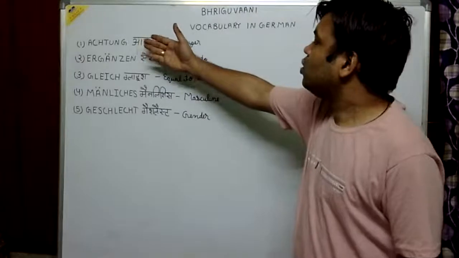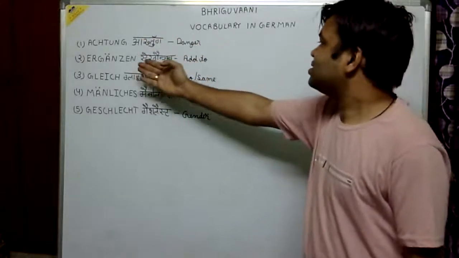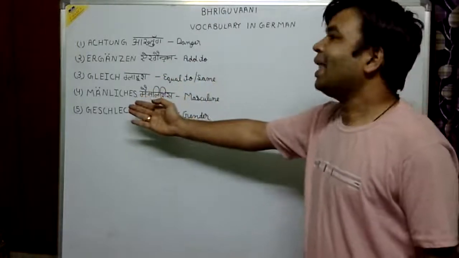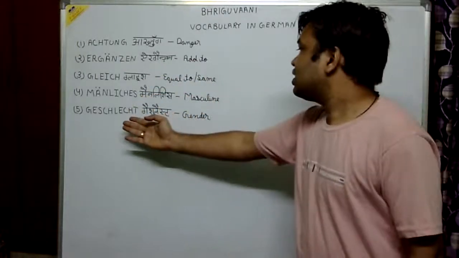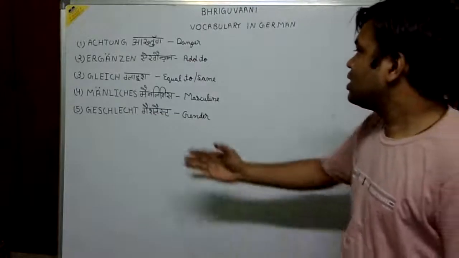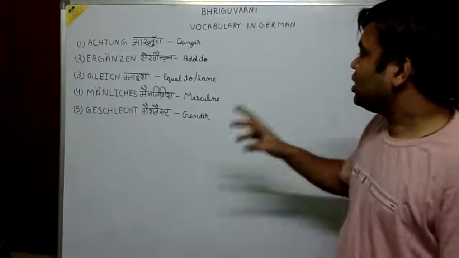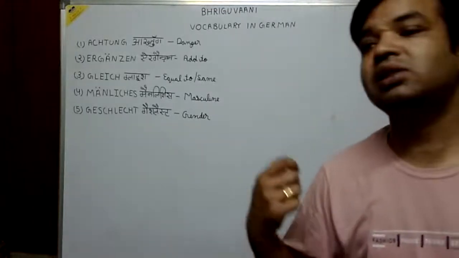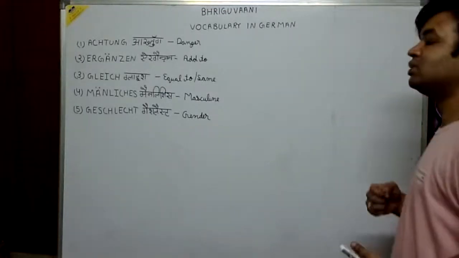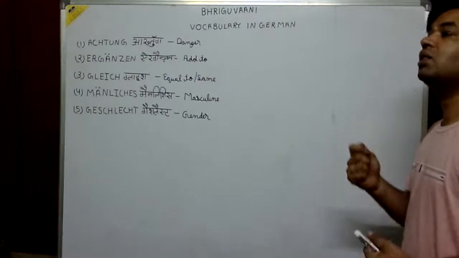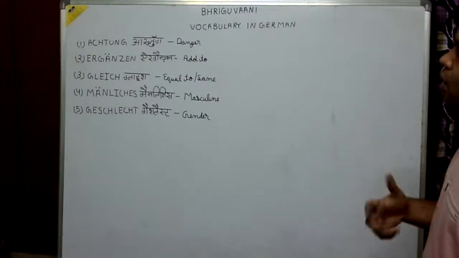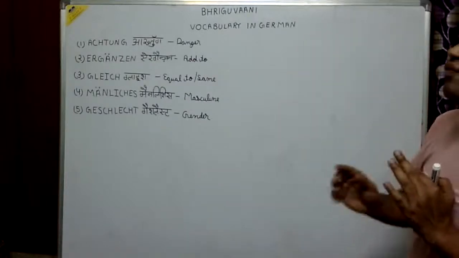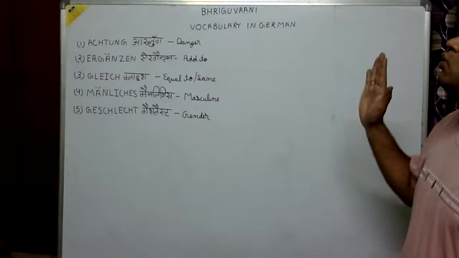So Achtung, danger; Ergänzen, add to; gleich, equal to; männliches, masculine; Geschlecht, gender. See, here the word can be pronounced in different ways, because the dialect changes from place to place.